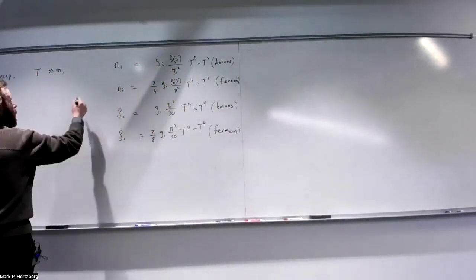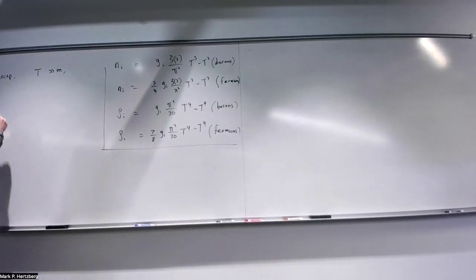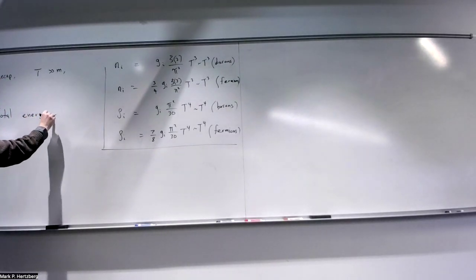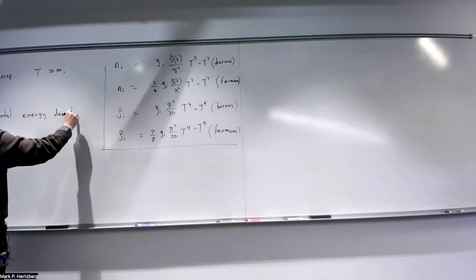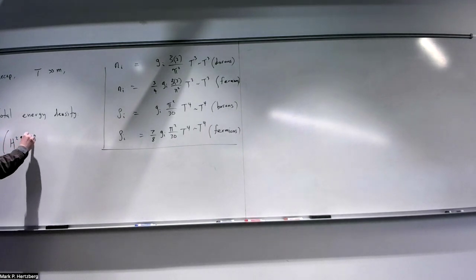So if we look at the total now, we can talk about the total energy density. We don't directly talk about the total number density per se, although there'll be a related issue later today when we talk about entropy. But total energy density, of course, is very important because it feeds into the Friedmann equation.